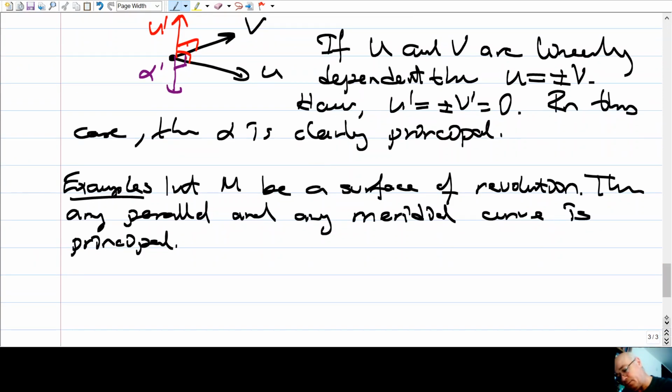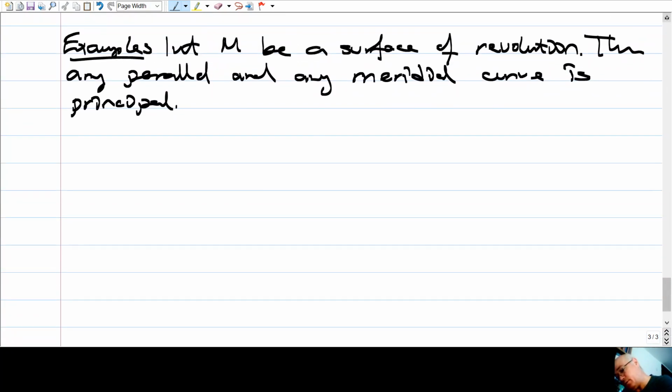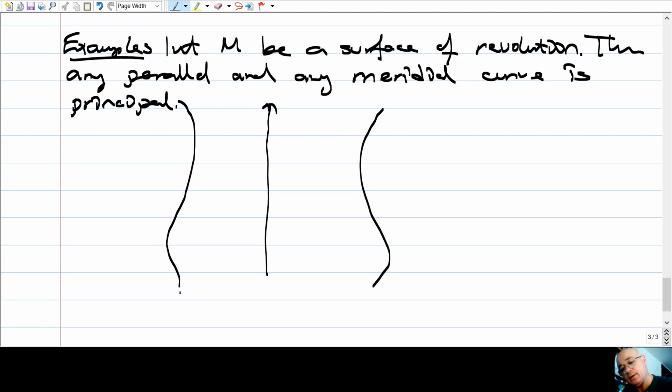Let's see. Let me say this is the axis of rotation, and I have a curve like this, and we rotate this about this axis, and let's say we get something like this.